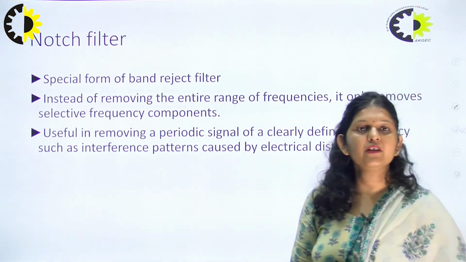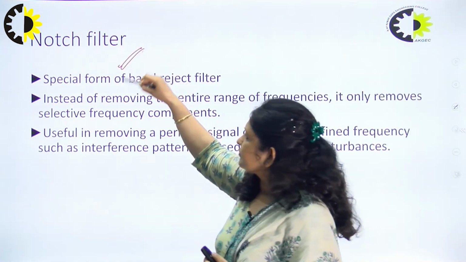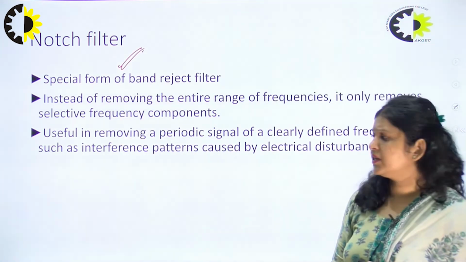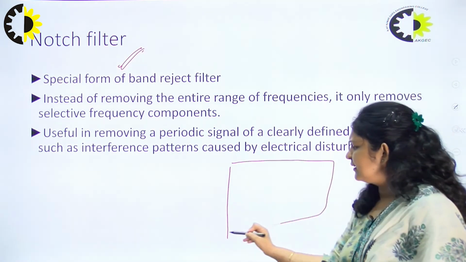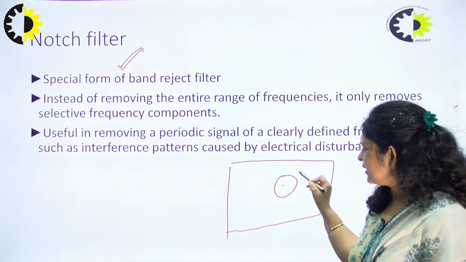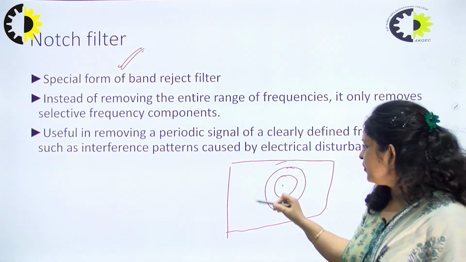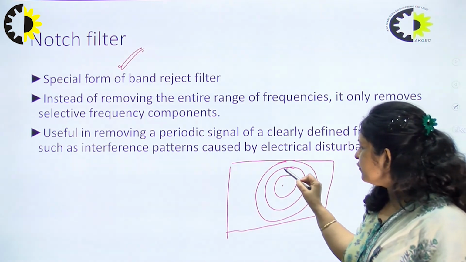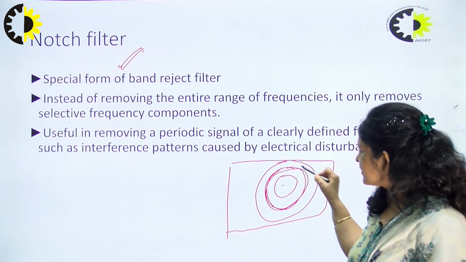Then the other category of frequency domain filters is the notch filter. These are also used nowadays, and are useful in removing periodic signals. Say this is an image and we again have the center and the concentric circles representing the frequency components. Now I don't want to remove the entire concentric circle.